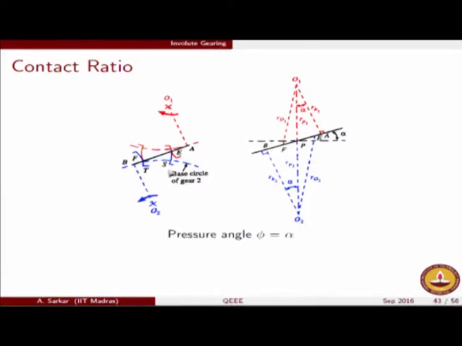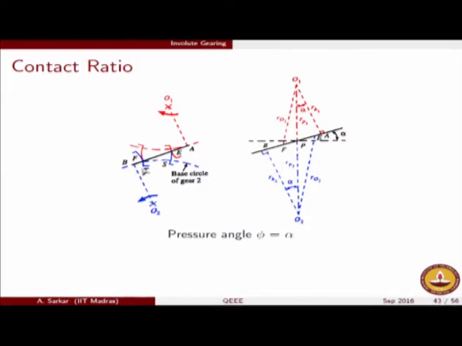So here the start of engagement happens here, which is denoted by S. At this point the engagement is starting, and at this point where I am holding my cursor now, you get to see that there is the end of engagement.